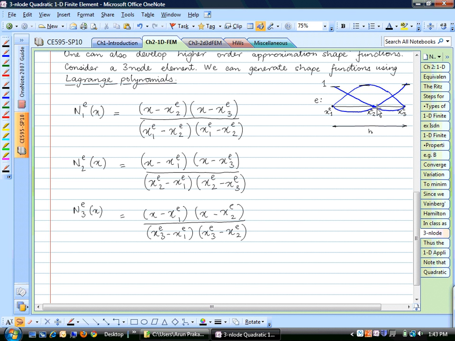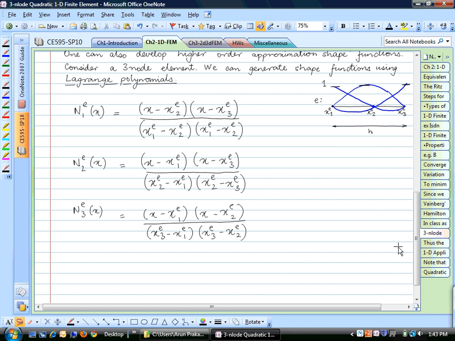You can place this node anywhere. Later on, we'll see that there are actually some restrictions on where you can place this node if you are using numerical integration. But for now, we'll say that we can place this node anywhere in the middle. But in general, if you place it right at the half point of these two, that gives you better results in finite elements.